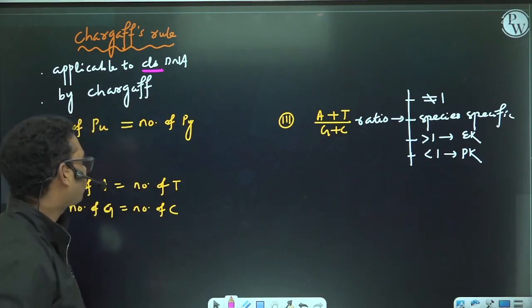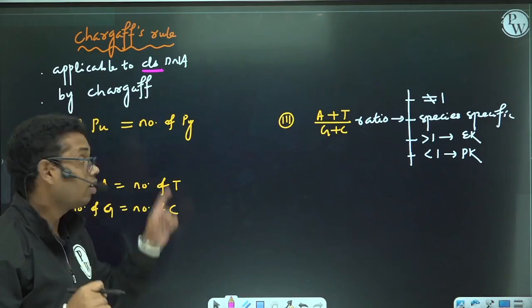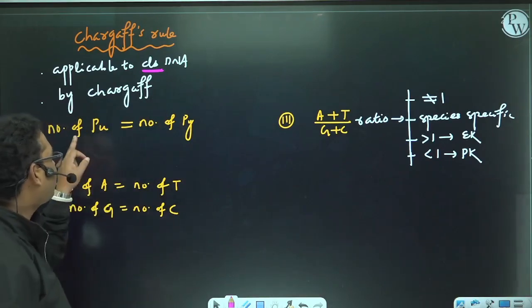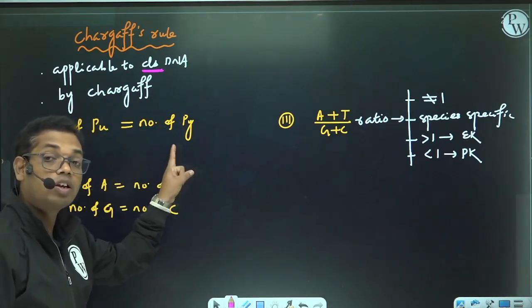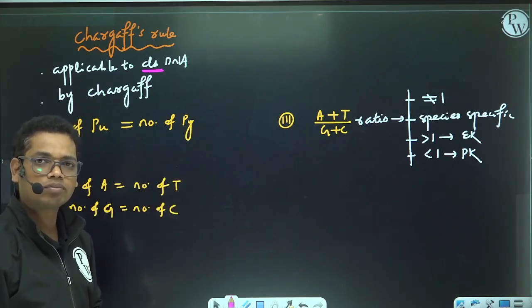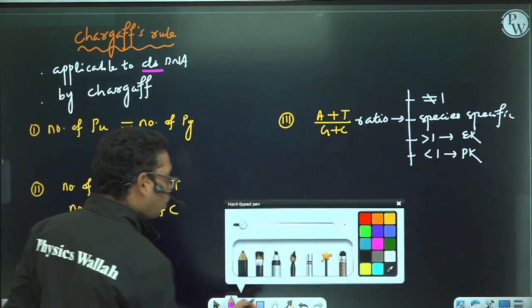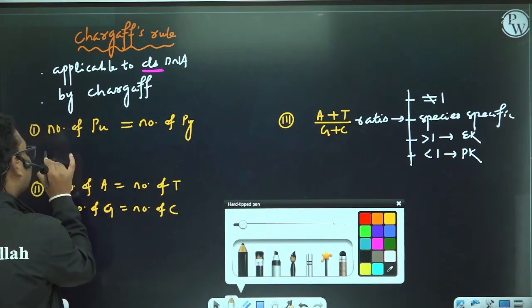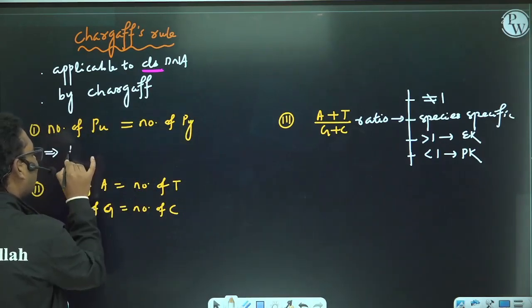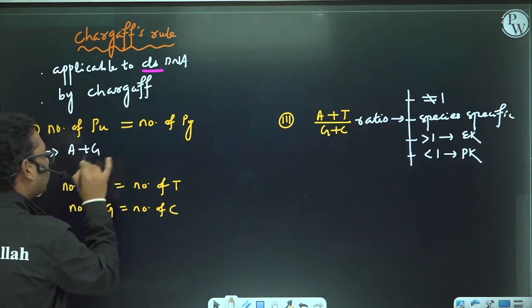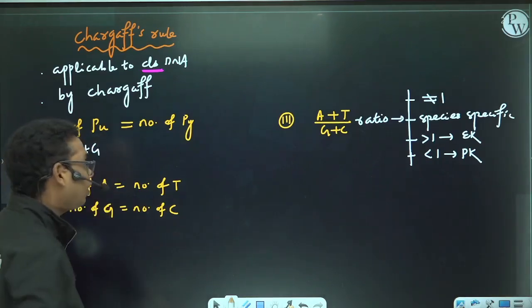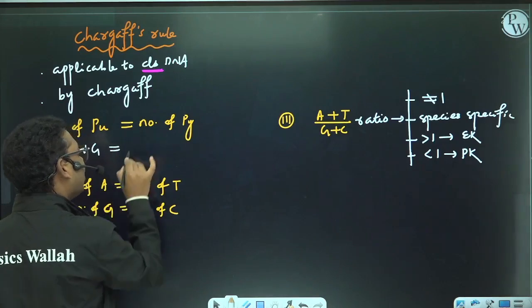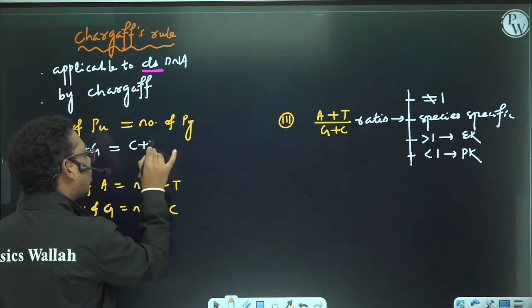What does this rule say? It says that in a double-stranded DNA, the number of purines will always be equal to the number of pyrimidines. We know the purines in DNA are adenine and guanine. The pyrimidines in DNA are cytosine and thymine.